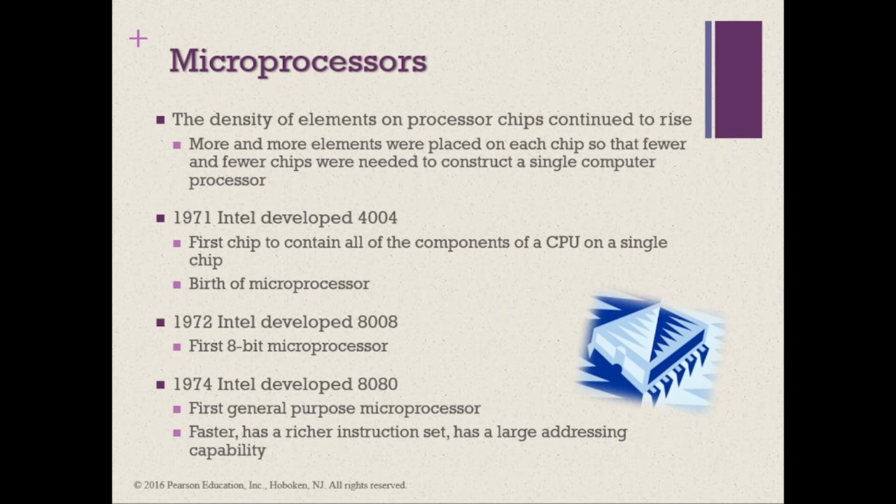The 8080 was designed to be the CPU of a general-purpose microcomputer. Like the 8008, the 8080 is an 8-bit microprocessor. The 8080, however, compared with the 8008, is faster, has a richer instruction set, and has a large addressing capability. That is why it is called the first general purpose microprocessor.